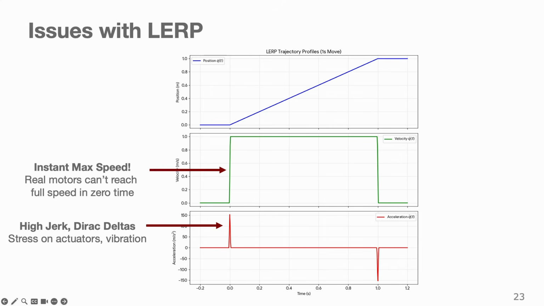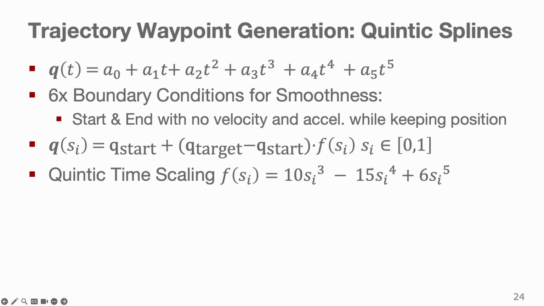This is why, instead of doing this, most controllers do something a little more sophisticated with polynomial-based methods, such as quintic splines. The idea is that instead of simple linear paths, you represent the trajectory of each joint as a fifth-order polynomial, and then you add 6 boundary conditions to ensure smooth motion.